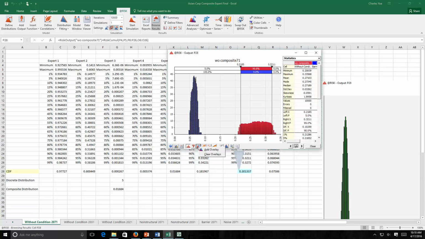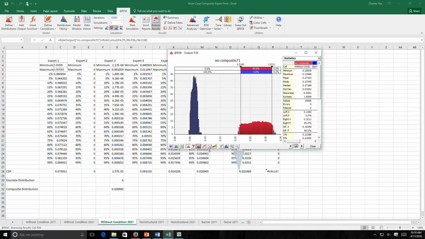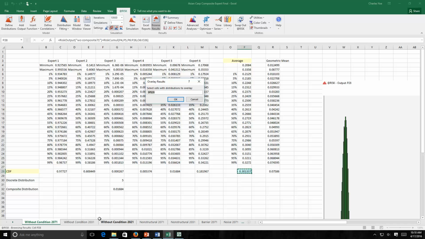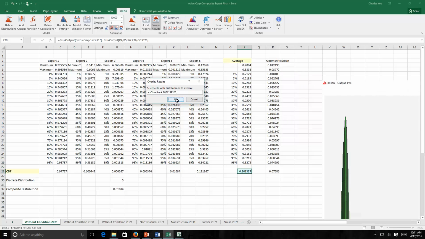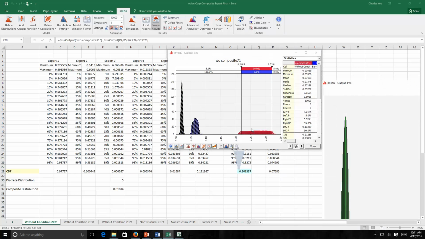We could compare that to, let's say, lock closure. So let's move on down to the lock closure. And now we have 3 results from the composite expert.